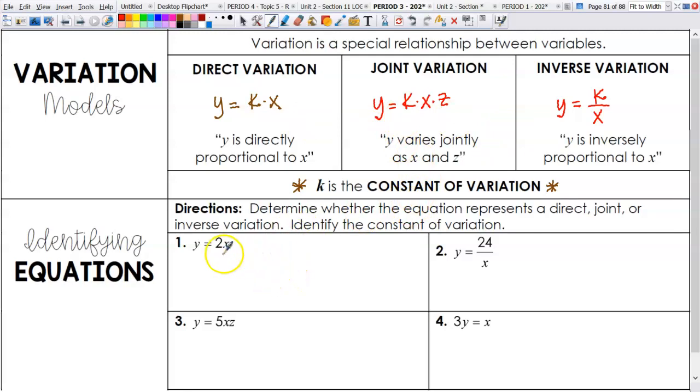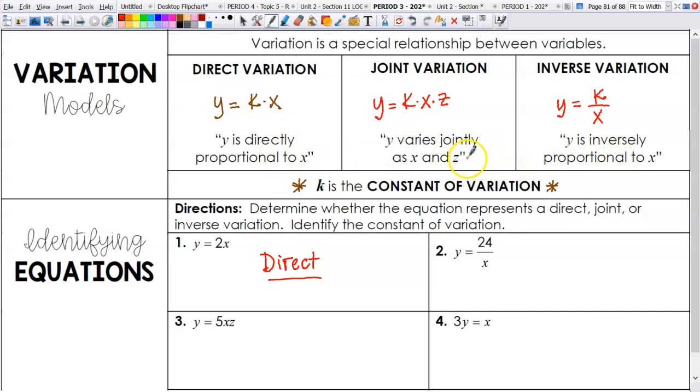So if we have to identify equations based on these three different variations, this should be, yes, this 2 is the constant of variation, and this is direct, right? Number 2, the x is in the bottom, and that is inversely proportional, right? This is what you have to think when the words show up in the problem. There will be a lot of word problems, and the hint is these words: directly, inversely, jointly.